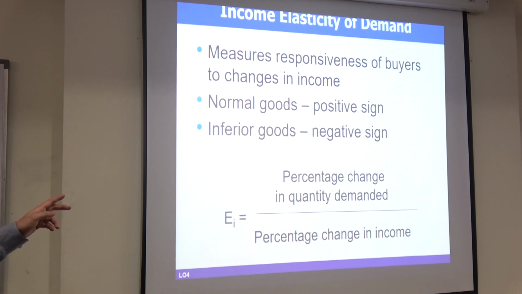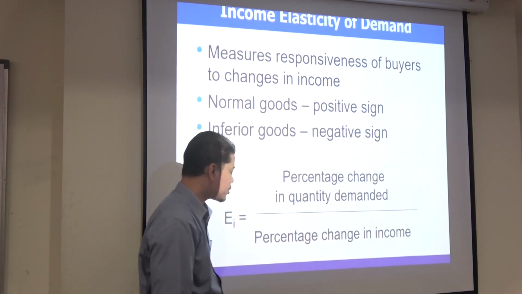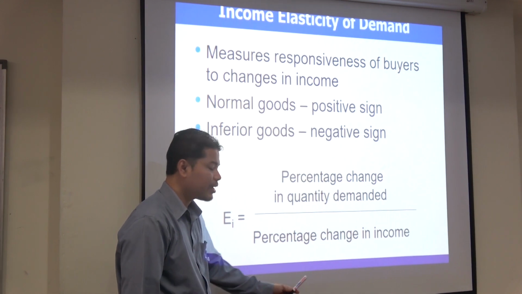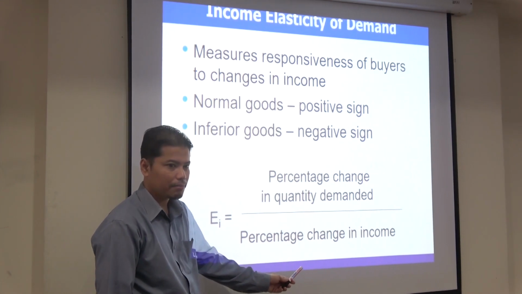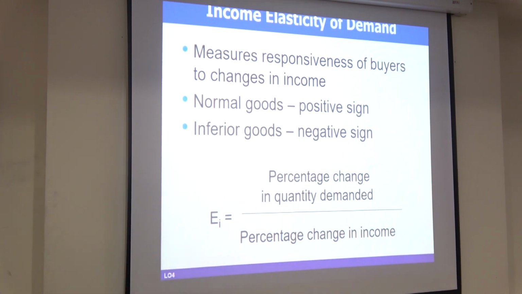However, the last one is the relationship between income and the quantities being demanded. So the formula for the income elasticity of demand is the percentage change in the quantity demanded for a product divided by the percentage change in the income of the consumer.